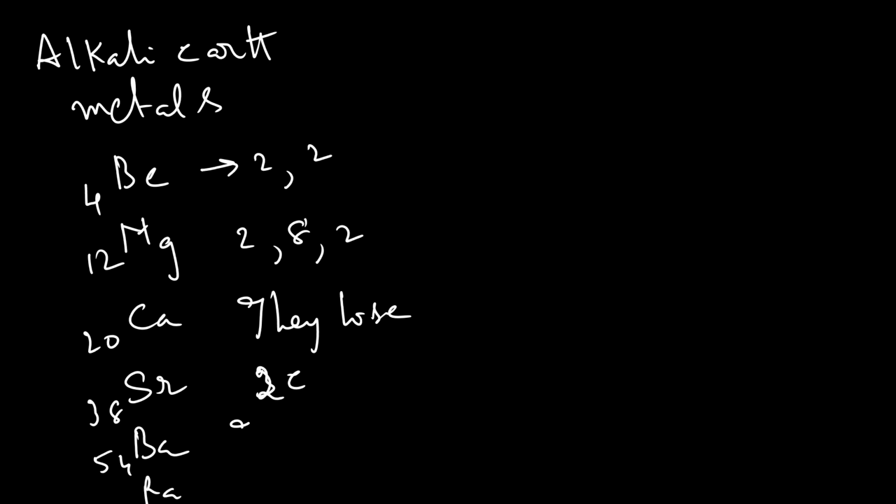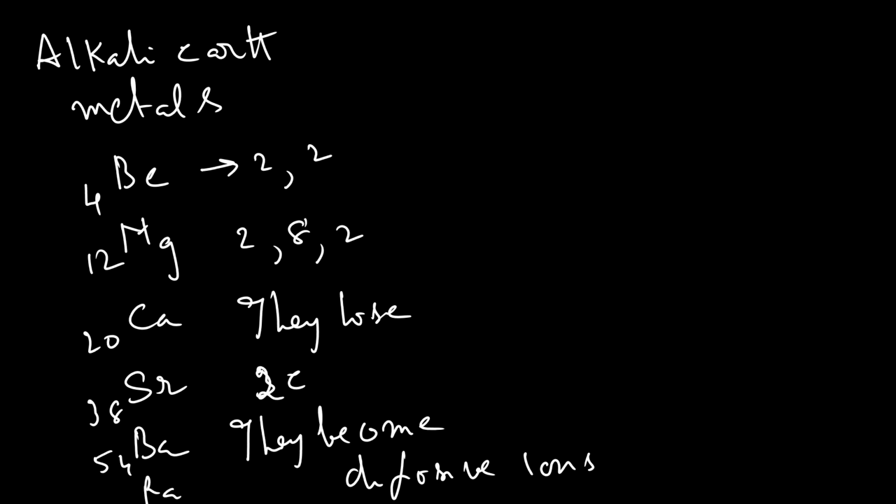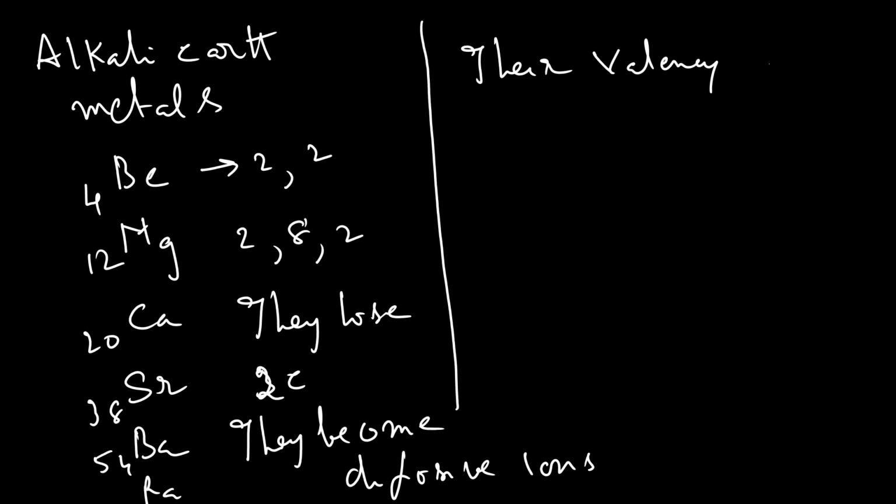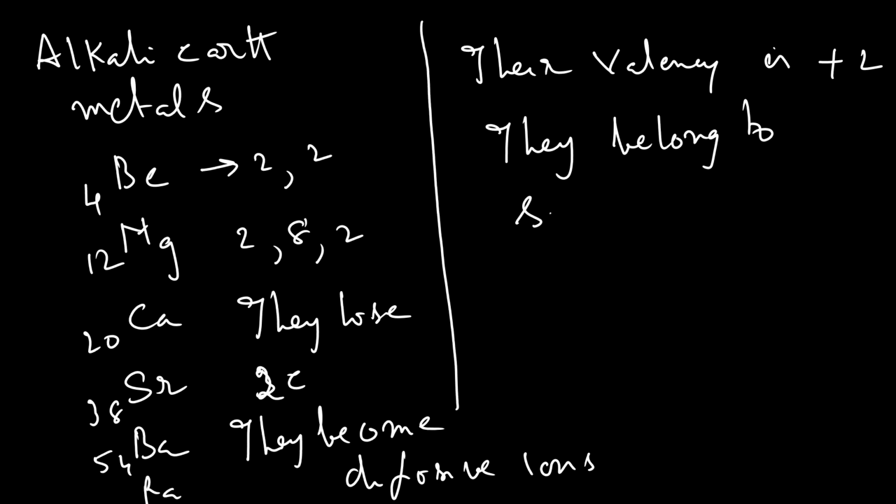As they lose 2 electrons, they become dipositive ions, and their valency is +2. Therefore, alkaline earth metals belong to the second group in the periodic table.